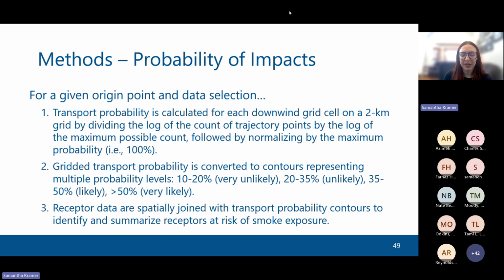I know some folks are thinking, wow, 10%, that's actually likely if you were using a different model, or that anything greater than 50% being very likely might sound a little low. But we tested this out with various bins and did a lot of sensitivity testing. Based on the model data output and the grid resolution, these thresholds were chosen. Great, thank you.